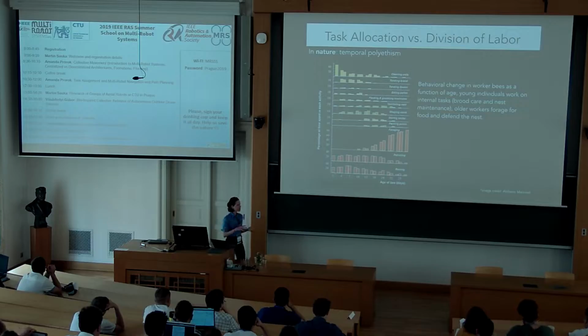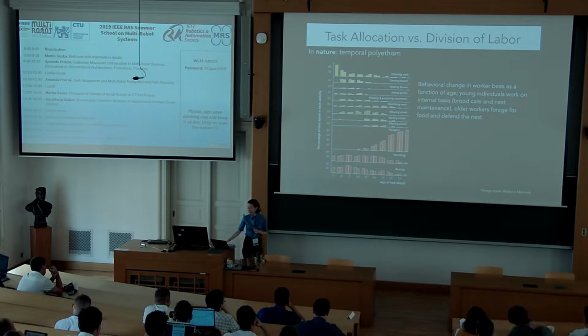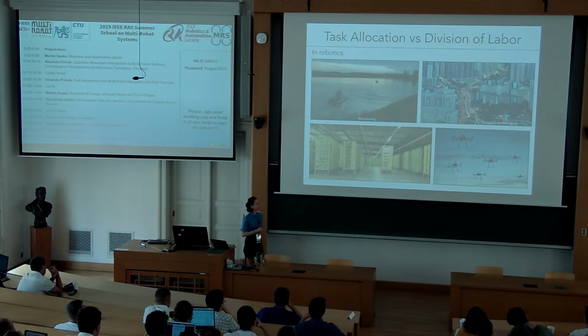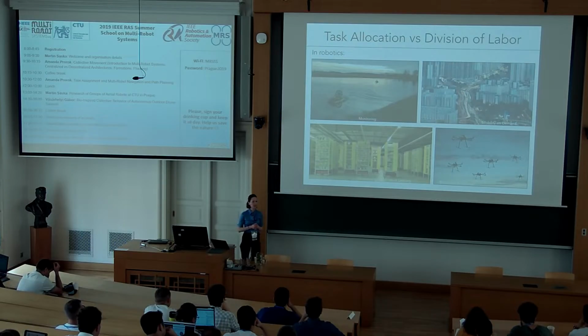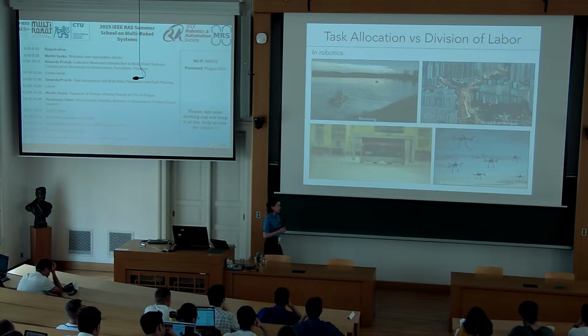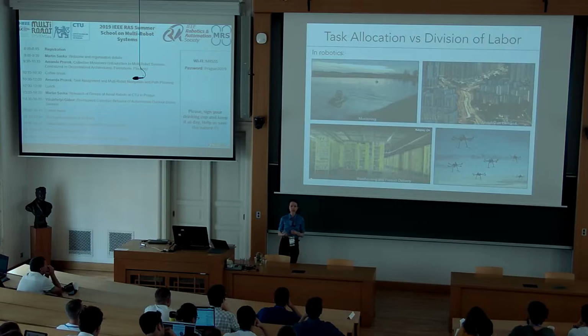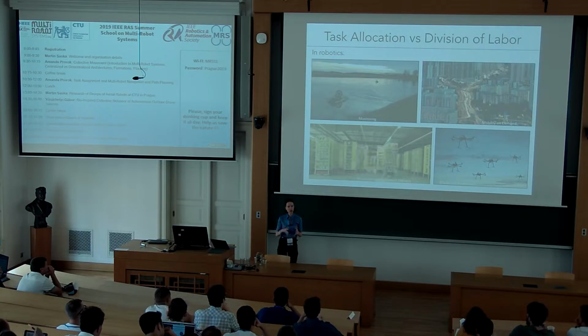So taking some of this motivation out from nature back into the engineering domain, we can look at the various kinds of problems that we're interested in solving, and we can think about how task allocation or task assignment solves something incredibly fundamental for us in the multi-robot systems domain, because it answers the question of which robot should go where and which robot should do what.